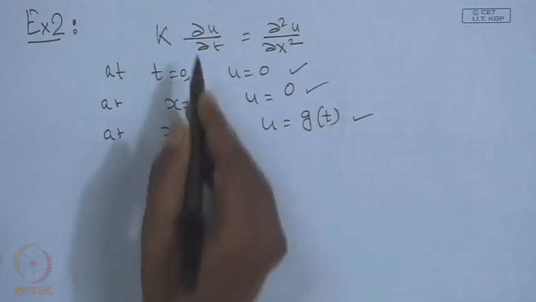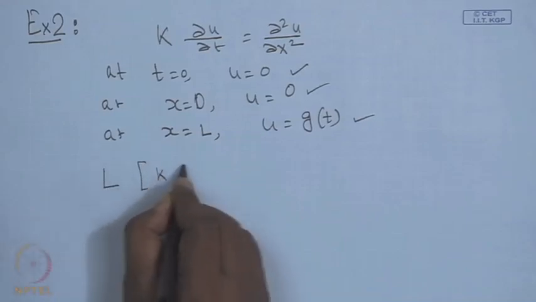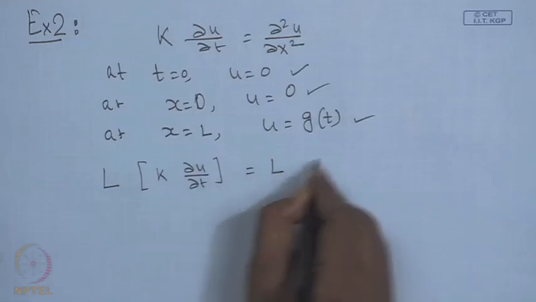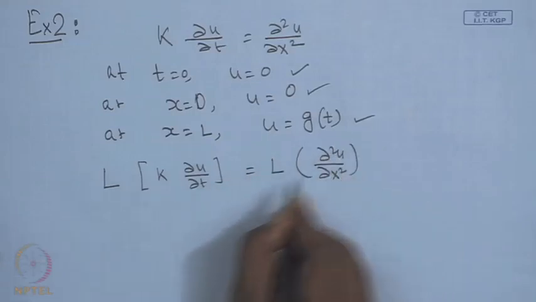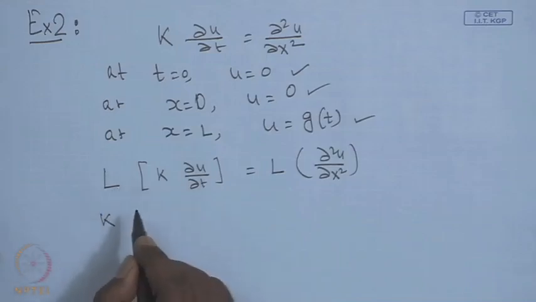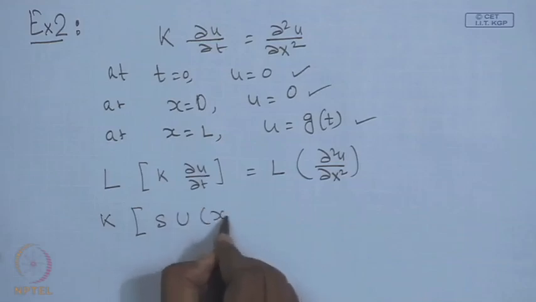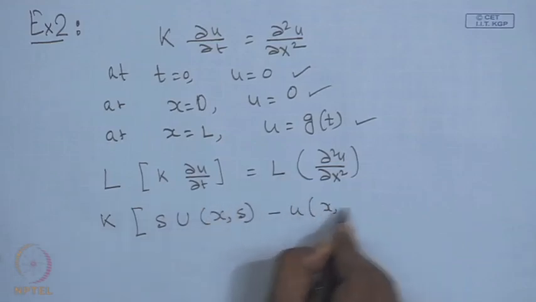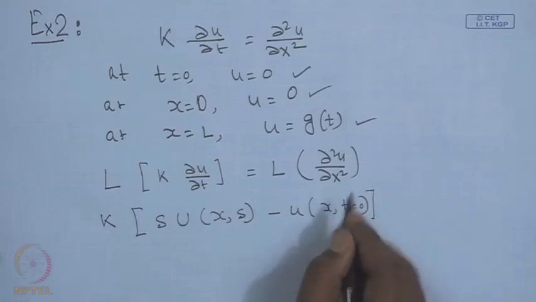Now, we take the Laplace transform of this equation, Laplace of k del u del t, where k is a constant, is equal to Laplace of del square u del x square. Then, Laplace of del u del t we have already seen is s u of x and s minus u at any x and time t is equal to 0, that means the initial condition.